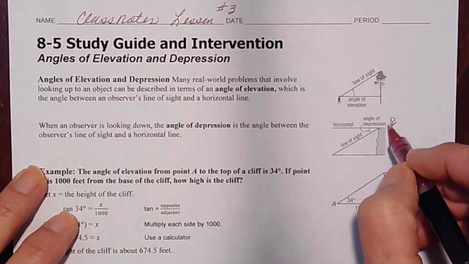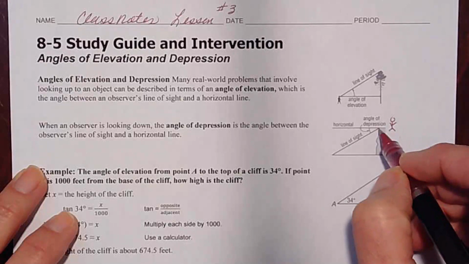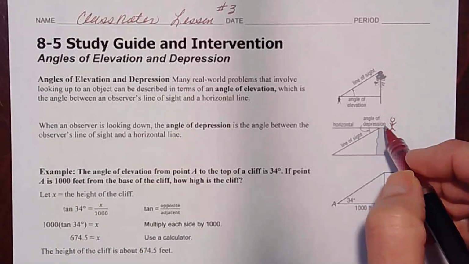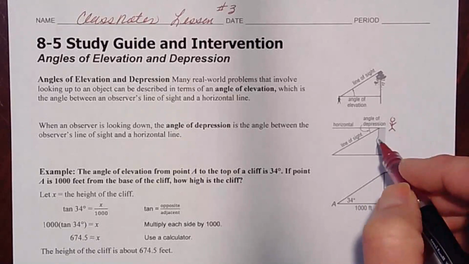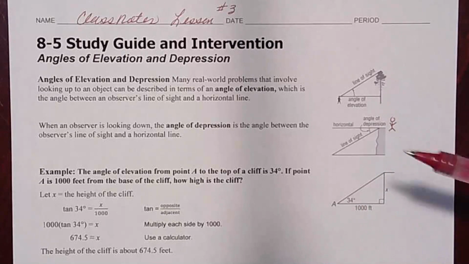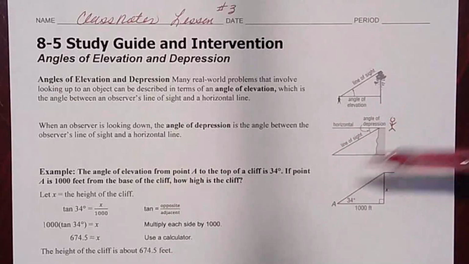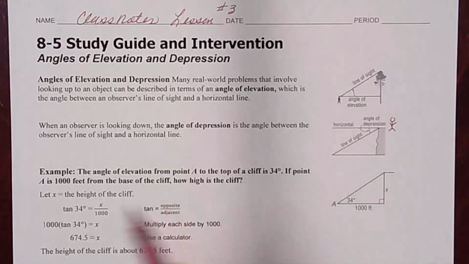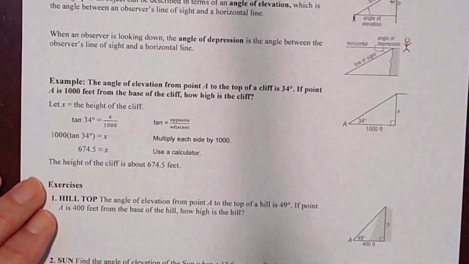So typically there's some height here because your eyes aren't right on the edge. Some of the examples that we'll be doing today, we're going to talk about the angle of depression coming right down like that. Again, you're depressing, you're looking down. So right down here on this example right here, they take you through this problem.